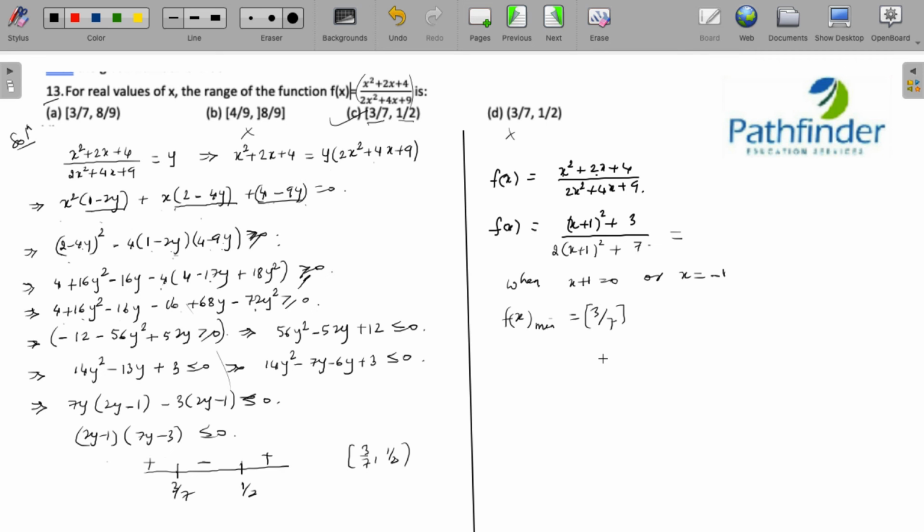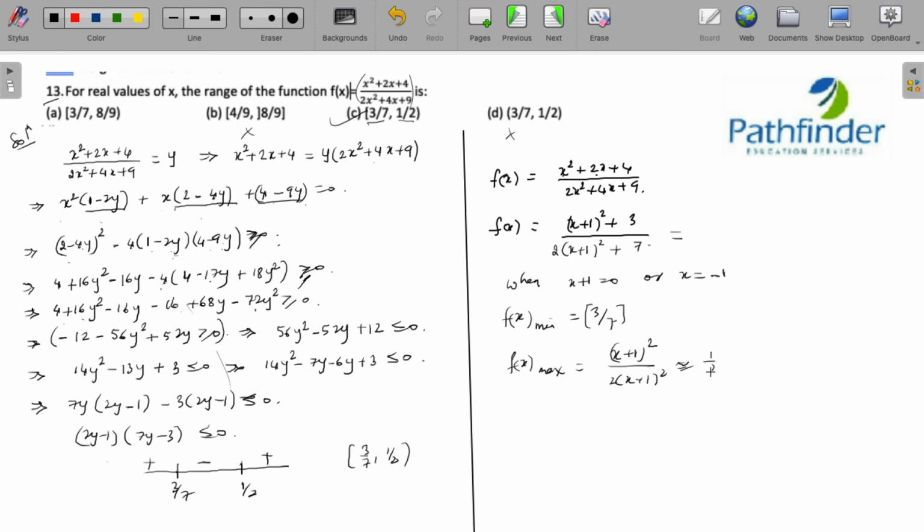Can we get the largest value in some way? When do you think will the value be large? The largest value of f(x) will be when x is very, very large. When x is very, very large, 3 and 7 will become negligible. And hence, this fraction will approach (x plus 1) whole square upon 2 into (x plus 1) whole square.